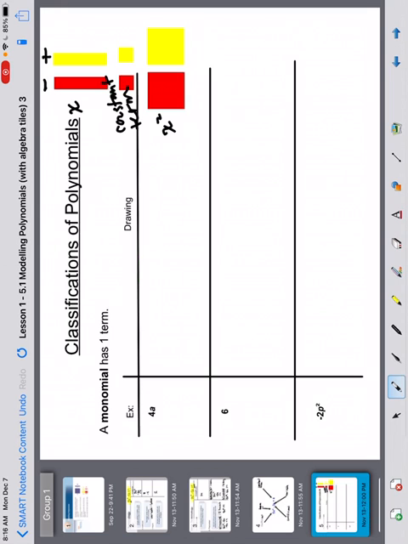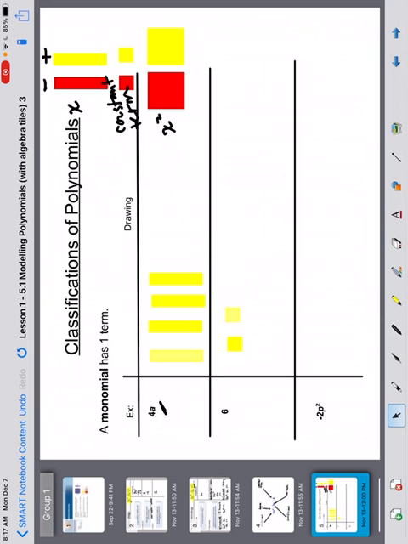In the first example, I have 4a. Here I put x's, but that's for every variable. So in this case, it's not to the power of 2. It is positive, so we're going to be using yellow, and to represent a's, we use these. There's 4, so we place 4. The second example, we have 6, so those are constant terms.